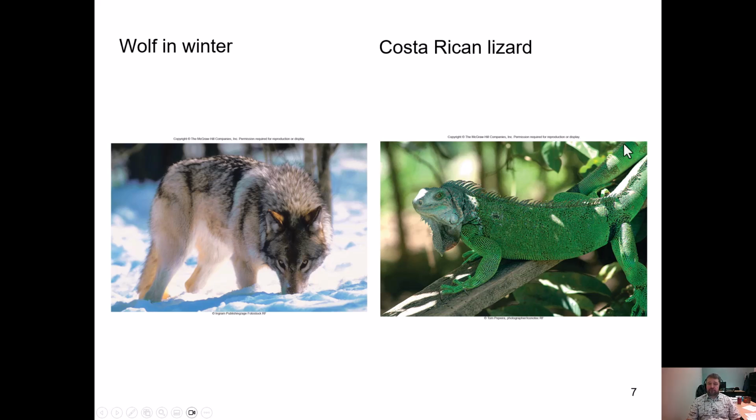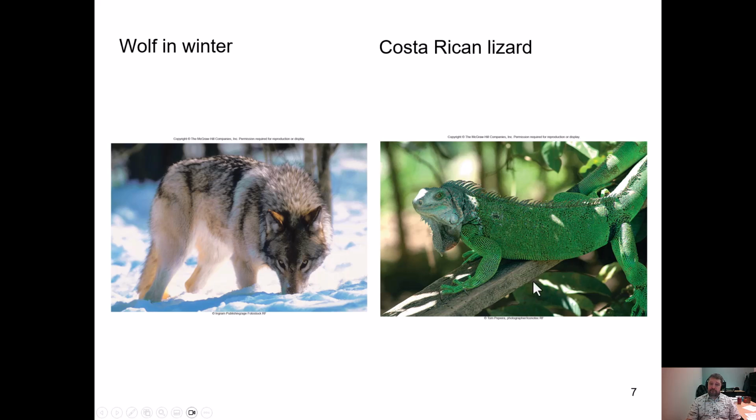Then if you look at something like an iguana, a green iguana is well suited for an environment that's close to the equator. They're not well suited for an environment that's freezing. They can't tolerate it. They're ectotherms, so they absorb whatever temperature it is around them, and that's how they move around and determine their body temperature.